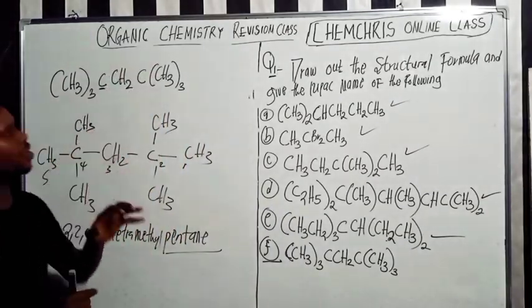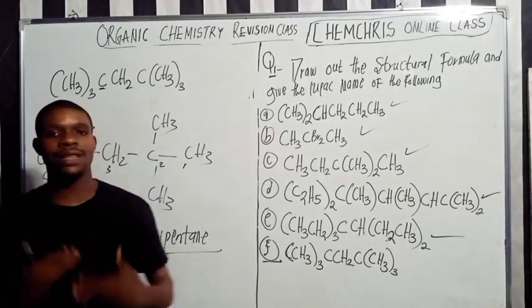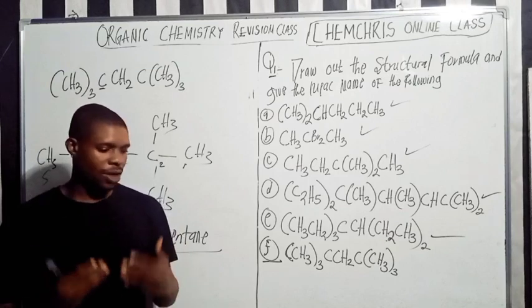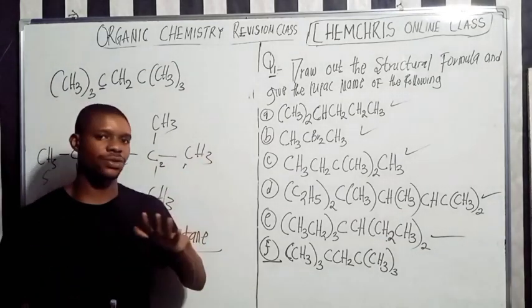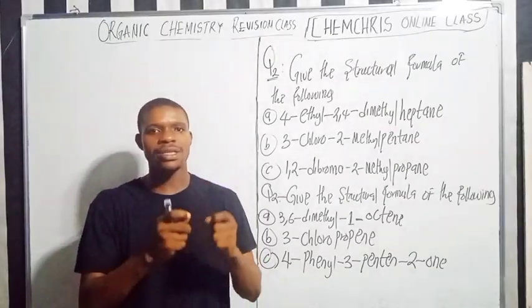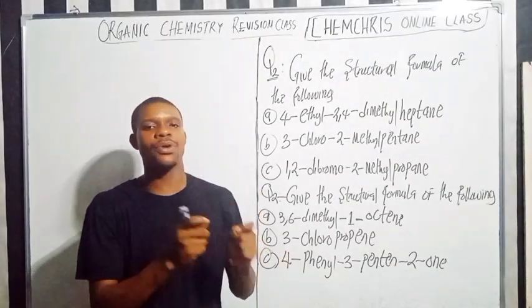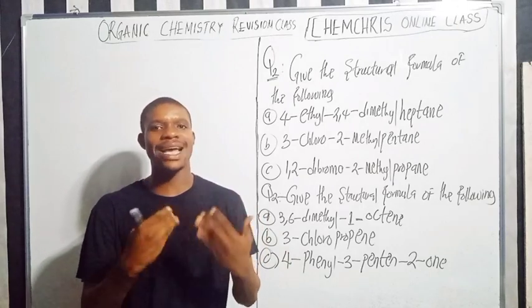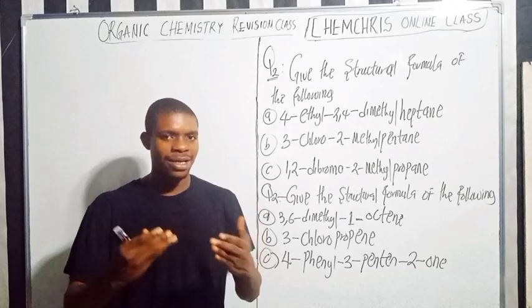So this is called the organic chemistry revision class. We have to take some questions we are likely to see in the exam, and this is a video series, right? So I want to take the next set of questions in this video. Now let me teach you how to draw the structure from the IUPAC name, because this is one type of question you can never escape in an organic chemistry exam.